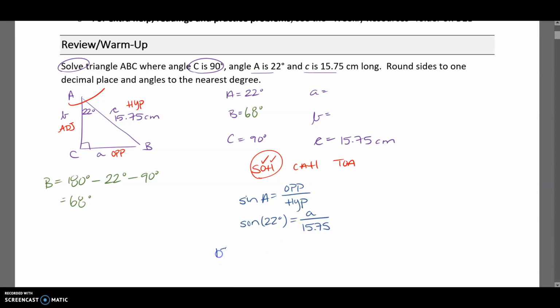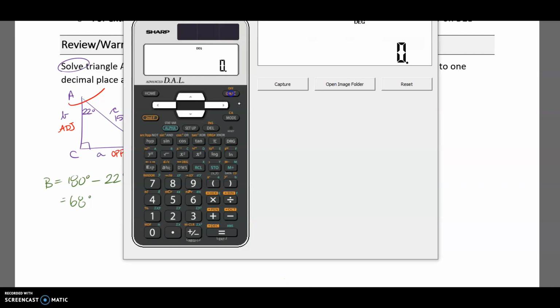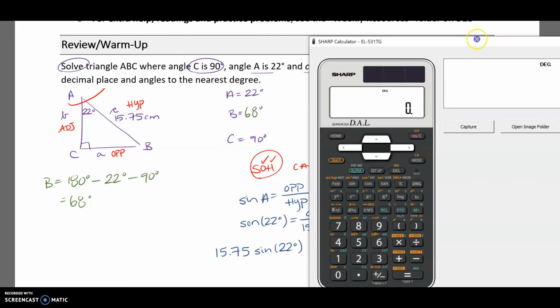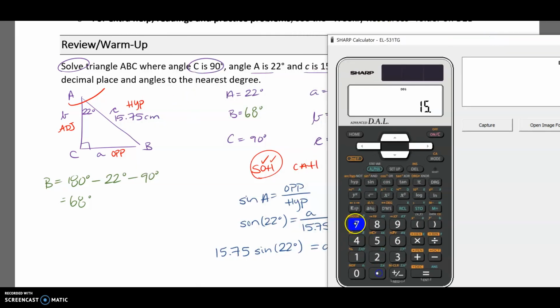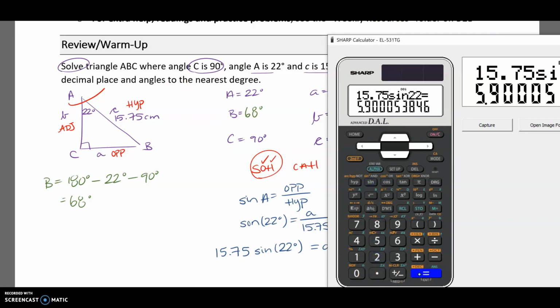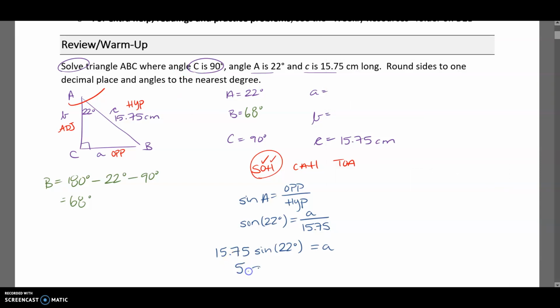To get A by itself, I multiply by 15.75 on this side, so 15.75 times sine of 22 degrees equals A. And then on your calculator, make sure you're in degrees, and you can just punch that in. 15.75 sine 22 is 5.900. For A, we were told we can round sides to one decimal place. So A is 5.9.